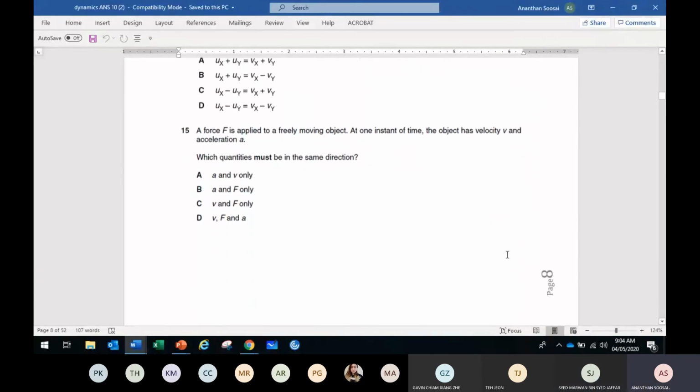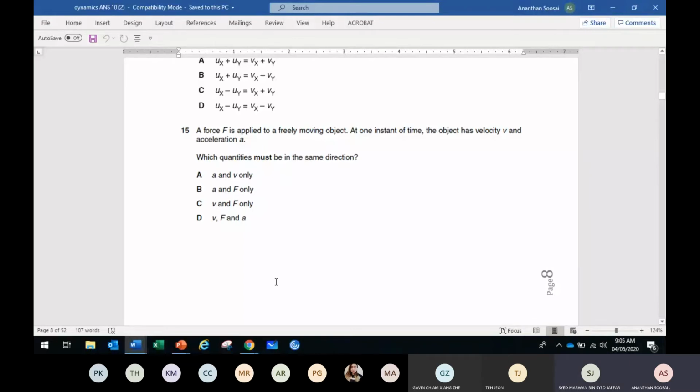What is the answer? Which quantity must be in the same direction? Anyone? F and a? Yes, good. F and a must be the same direction.